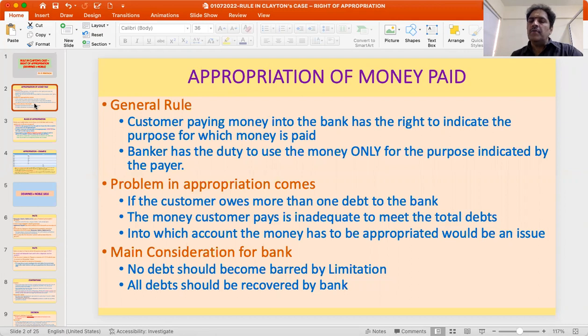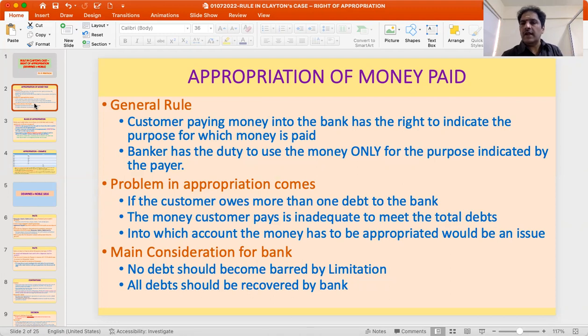The problem of appropriation comes where the customer owes more money than the money that he has deposited, and he has more transactions of debit or more debts due to the bank, and the money that he pays is inadequate to meet the total amount of debt. So into which account the money has to be appropriated would then be an issue.